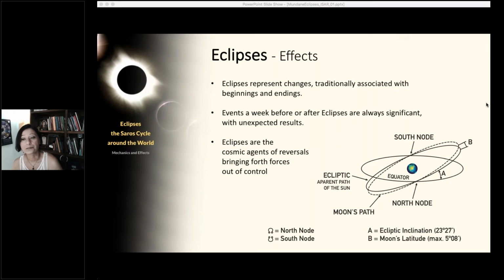And also pay attention to the next new moon that squares the nodes, because it usually coincides with events that are related to the eclipses, many times the culmination of what was triggered during that time.